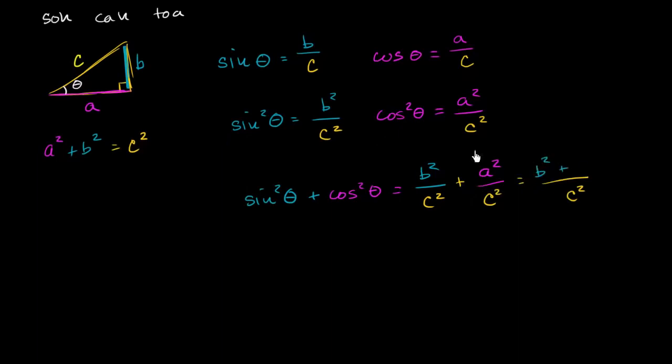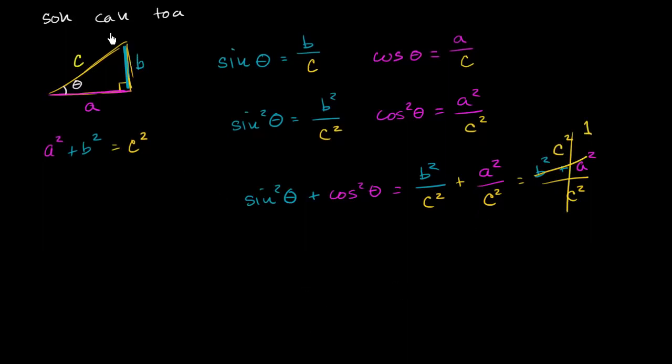Now what is b squared plus a squared? Well, we have it right over here. Pythagorean theorem tells us b squared plus a squared, or a squared plus b squared, is going to be equal to c squared. So this numerator simplifies to c squared, and the whole expression is c squared over c squared, which is just equal to 1.